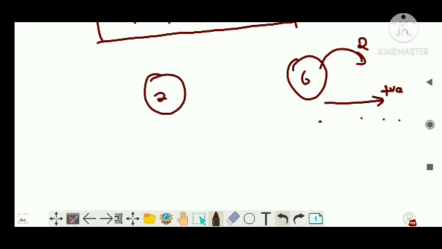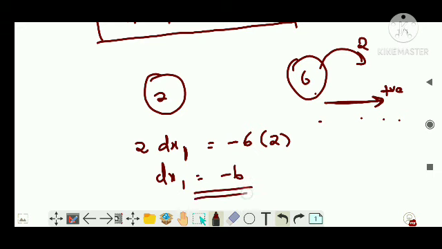This much clear? Now that means 2 into dx1, I don't know how much the 2 is going to be changed, is equal to minus M2, that is 6, into dx2, how much it is? 2. I'm taking this direction as positive. So dx1 is equal to minus 6 you will get. Minus 6 means if this direction is positive, that means the 2 would have moved in this direction by 6 meter.